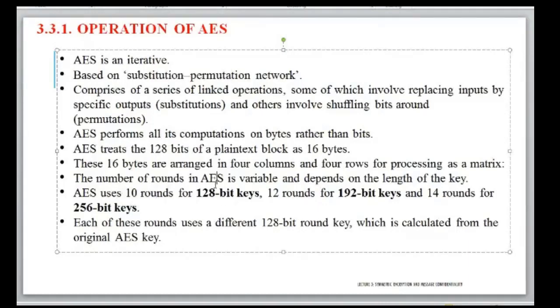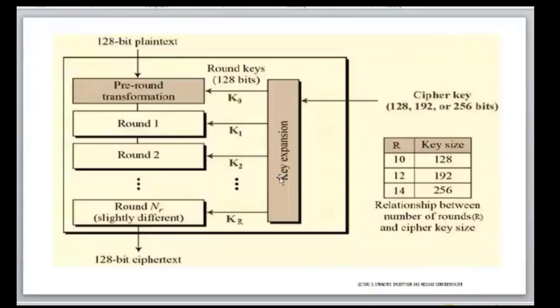If I want to go for 12 rounds, the length of the key will change from 128 to 192. If you are going for 14 rounds, automatically 192 will be converted into 256. So depending upon the length of the key, it is going to change.